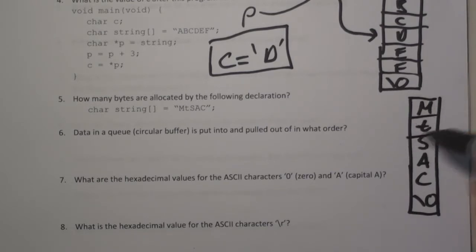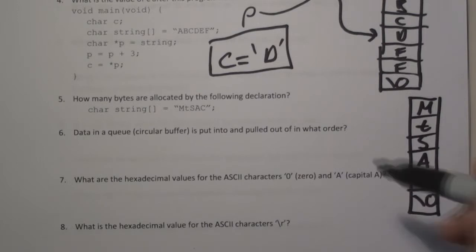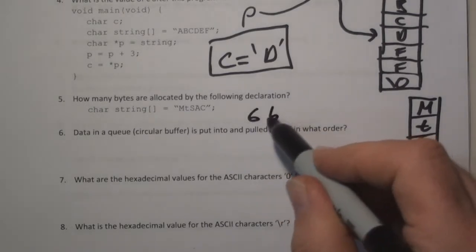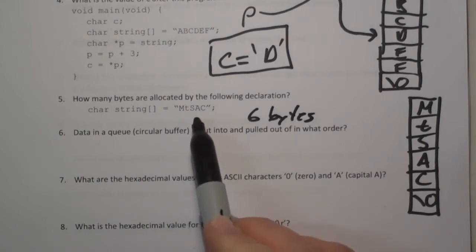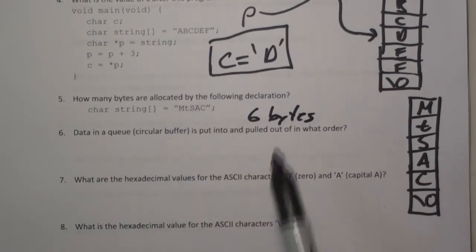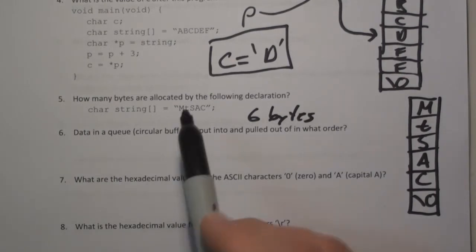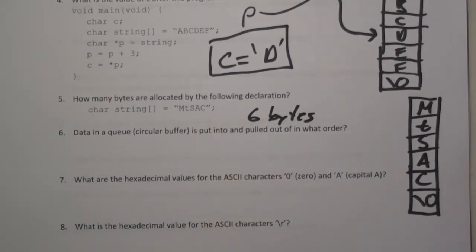Every string gets that null character. So we get 1, 2, 3, 4, 5, 6. So 6 bytes. There's 5 characters, 1, 2, 3, 4, 5. So there's always one more byte that is allocated when you declare a string, and that's for the null character.